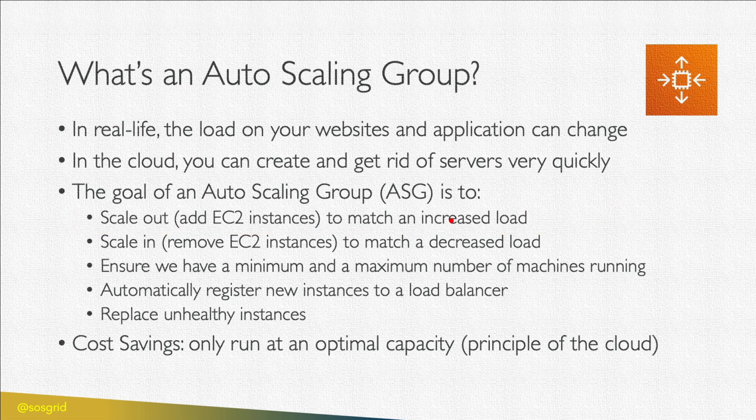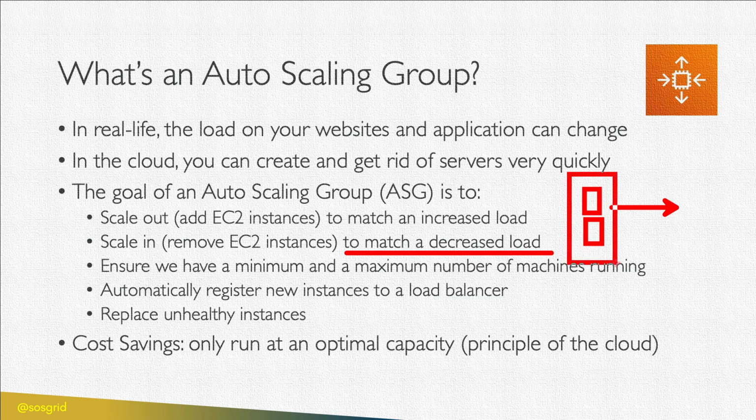Okay, and then we have scaling in. Scaling in just matches the decreased load. It just decreases the number of instances that you have. So if you have maybe 4 right now, and there are few people accessing your website or application, it reduces the instances to match the people accessing it. So let's say these 2 EC2 instances can take a traffic of about 50,000.